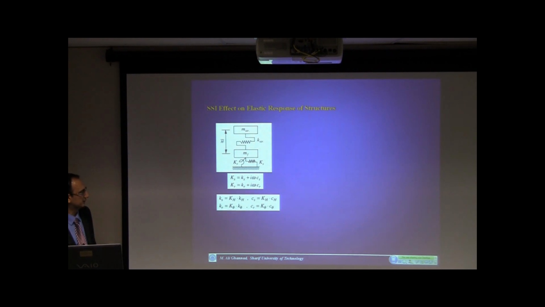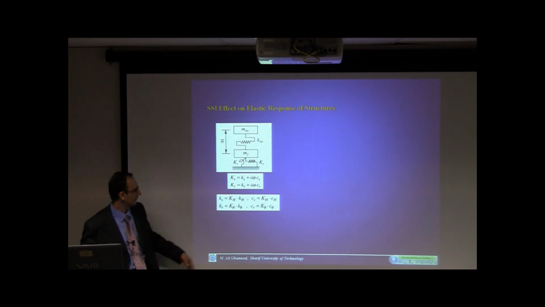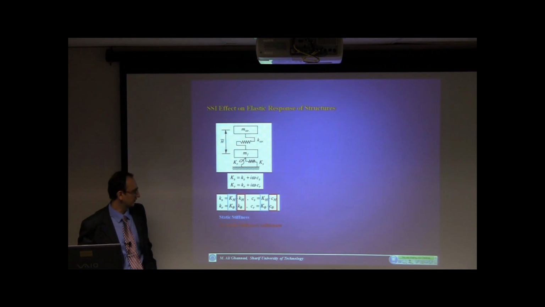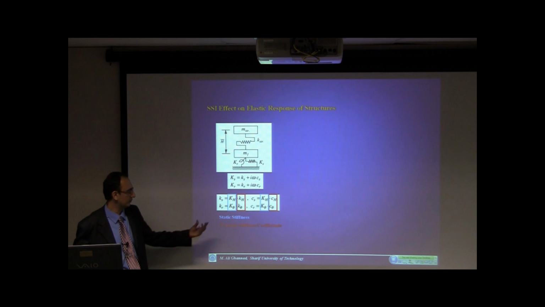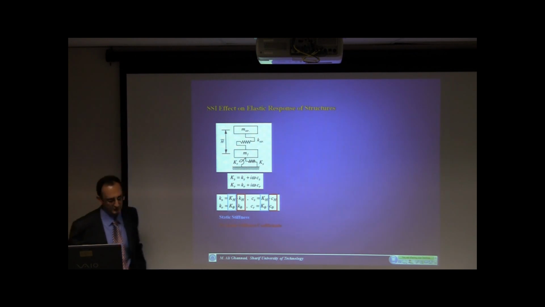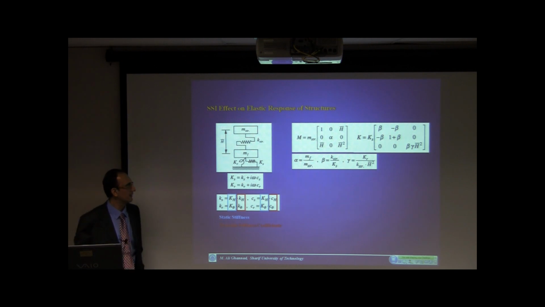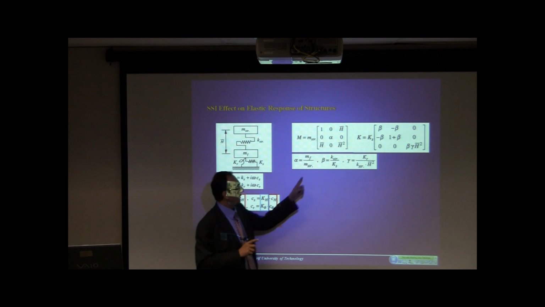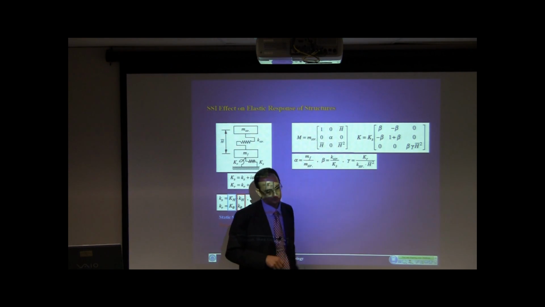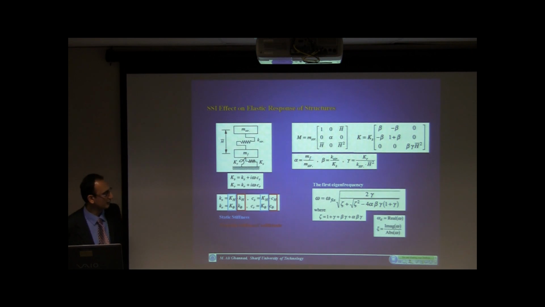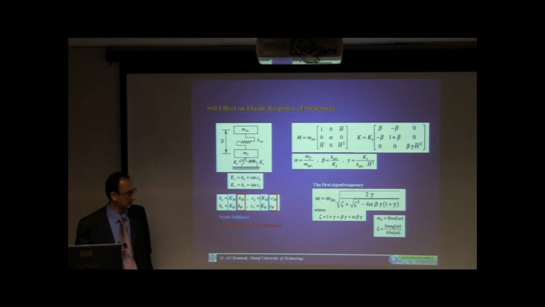The system has the static stiffnesses and the dynamic coefficients, the stiffness coefficients, which are responsible for the frequency dependency, and you can simply write the mass and stiffness matrices, introduce some non-dimensional parameters for the problem, and finally find the first frequency of the problem.